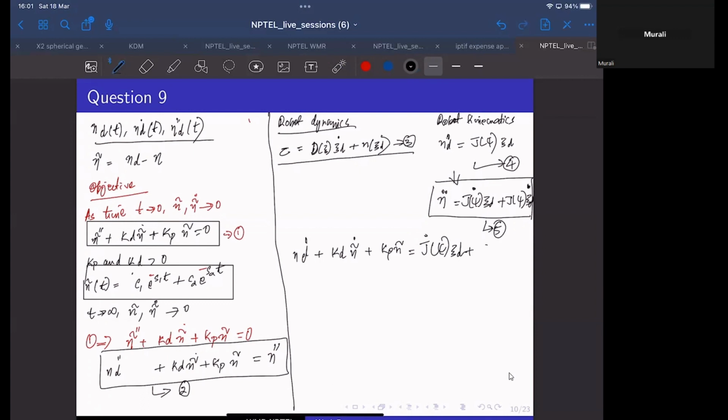And instead of zeta desired dot, I'm substituting from equation 3: tau minus N of zeta, zeta desired dot, the whole pre-multiplied by D inverse.